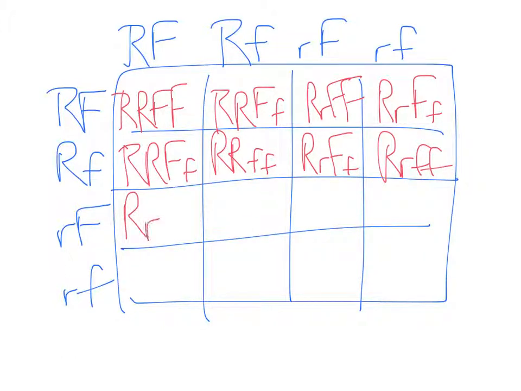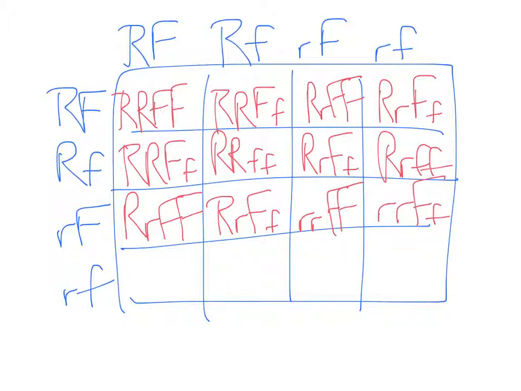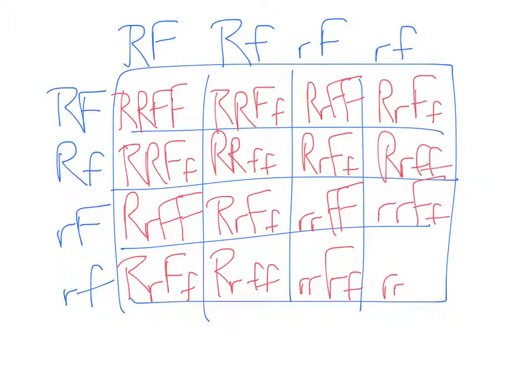Big R, big F, big F. Big R, big F, little f. Little r, big F, big F. Little r, big F, little f. Big R, big F, little f. Big R, little f, little f. Little r, big F, little f. And then little r, little f, little f.